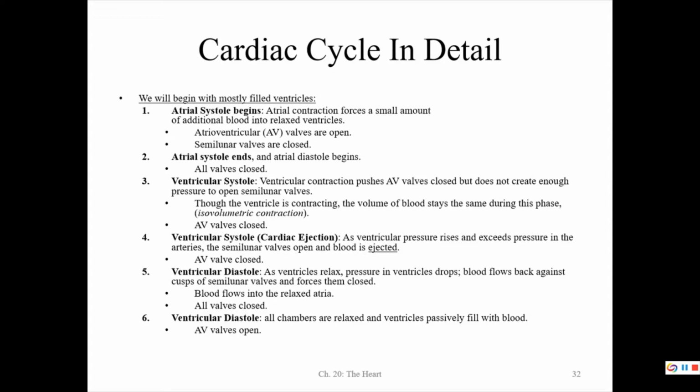That force of blood creates a force that the ventricles have to overcome. Now, the ventricle is contracting, but it has not yet produced enough force to overcome the pressures in the pulmonary trunk and the aorta. So though the ventricle is contracting, there is no blood leaving the ventricles.